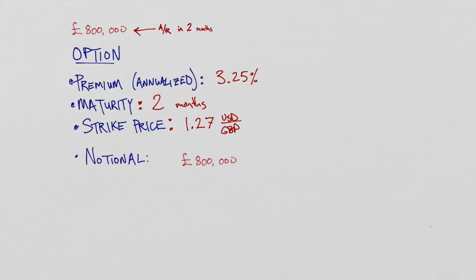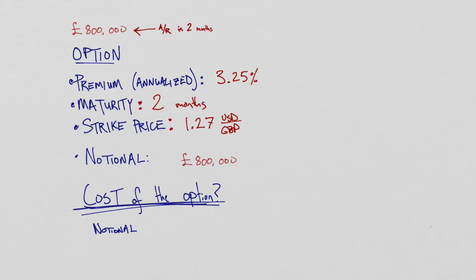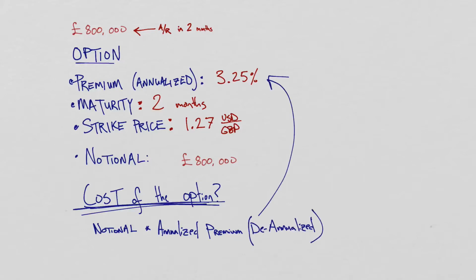And since this notional amount is in British pounds, the last thing that we're going to need in order to estimate the cost of this option is the strike price in US dollars. That's the general formula to calculate the cost of the option, and since we have each of these here, we can calculate the option cost for this example hedge.